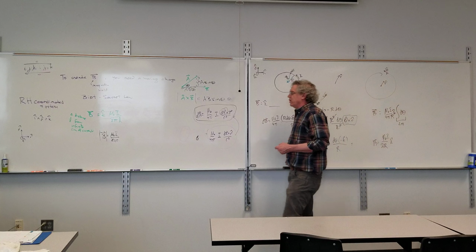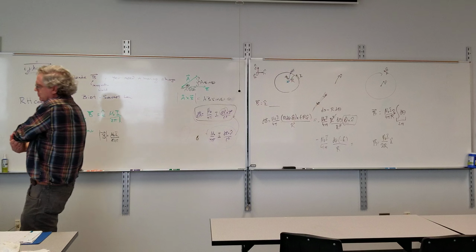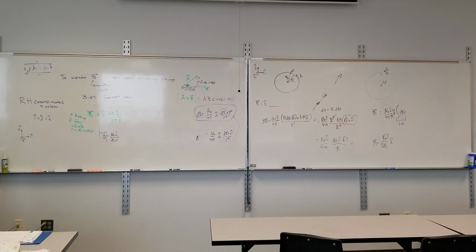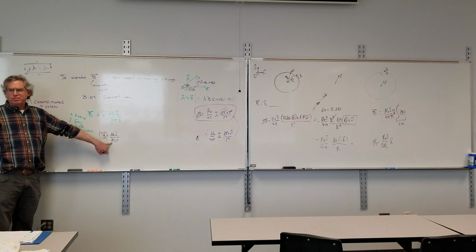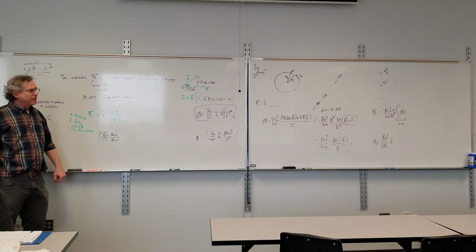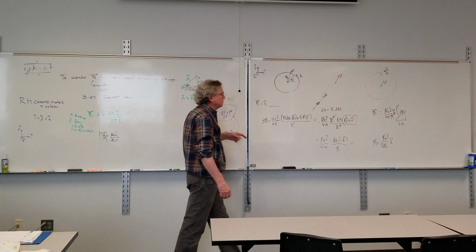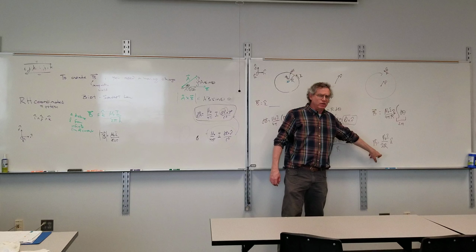Now, one of the reasons I wanted to go through that is, if we look at our 2 equations there, if I have a long straight line, the magnetic field has a 2 pi r in the denominator. If I have a circle of wire, it's just 2r, the pi is gone.